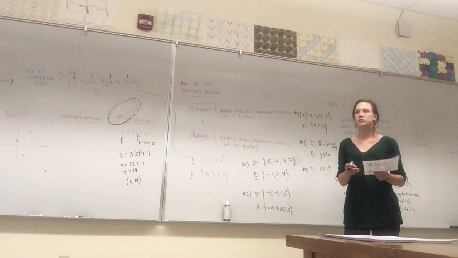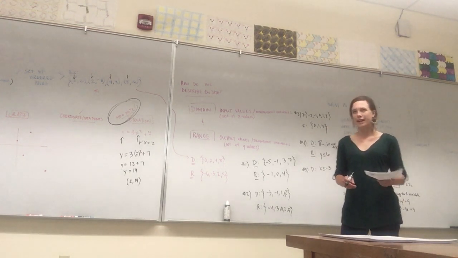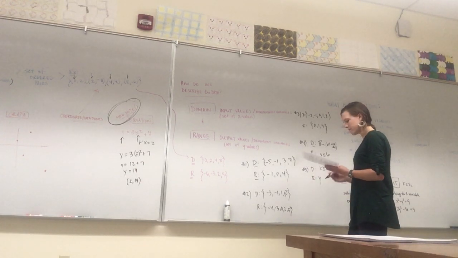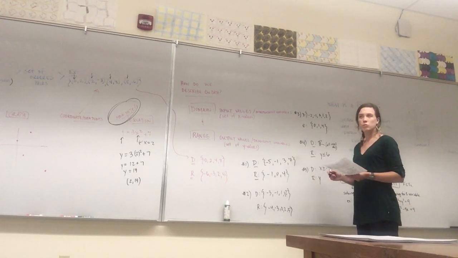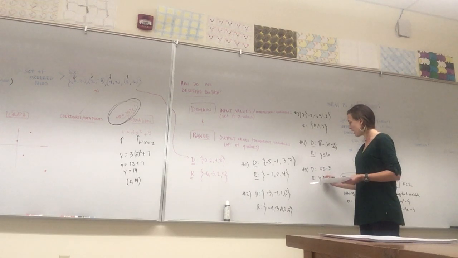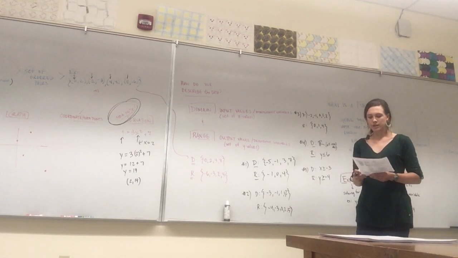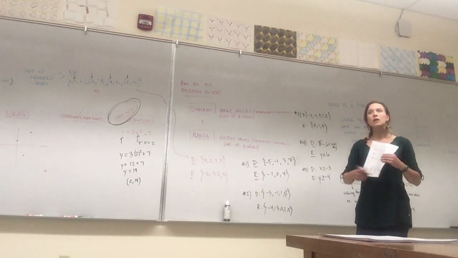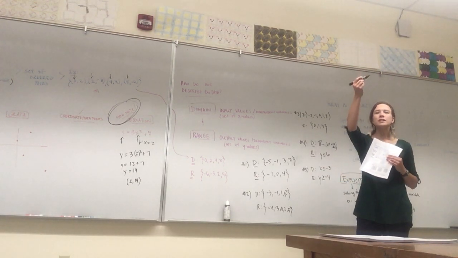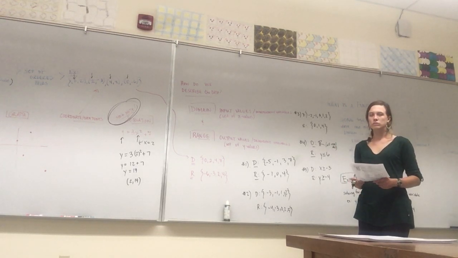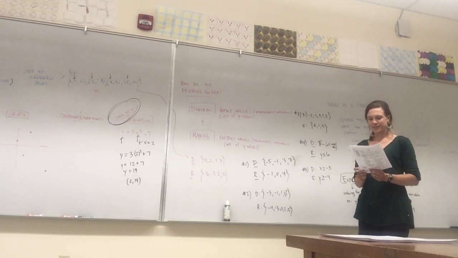There's a closed circle at -3. And then my range would be what? y is greater than or equal to -4, because there's only one line and it's increasing towards infinity in the y direction.